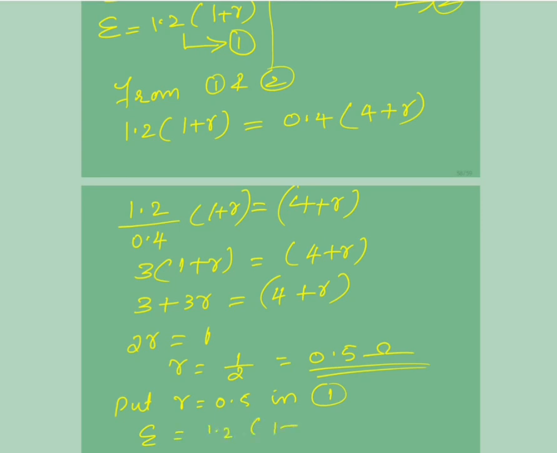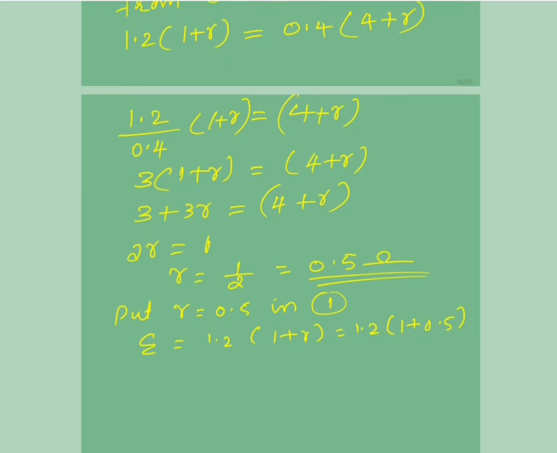So you got 1.2 multiplied with 1.5, and when you multiply, you'll get the answer as 1.8 volt.